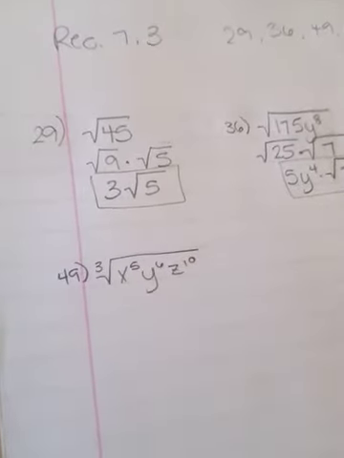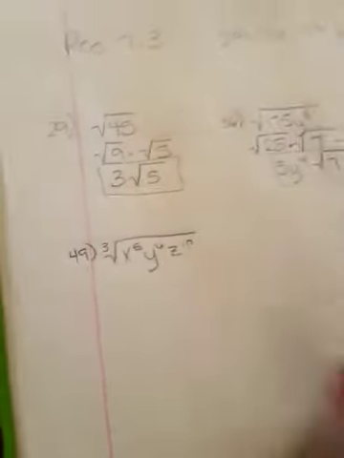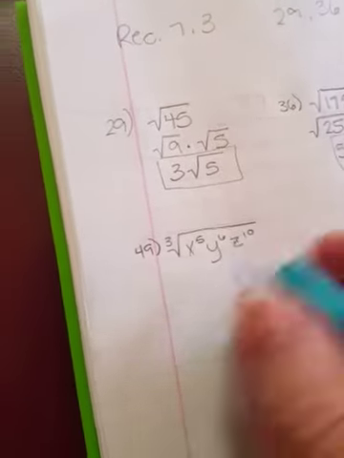Okay, on number 49, we are simplifying. So we have the cubed root now. So we need to find the cubes that we can take out of here.